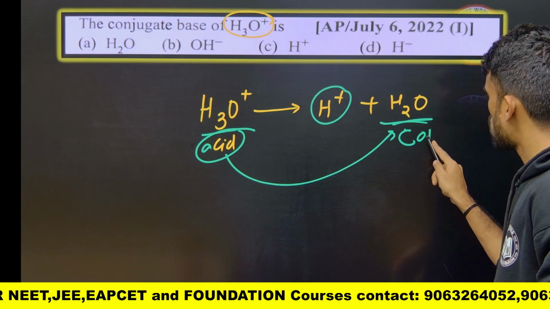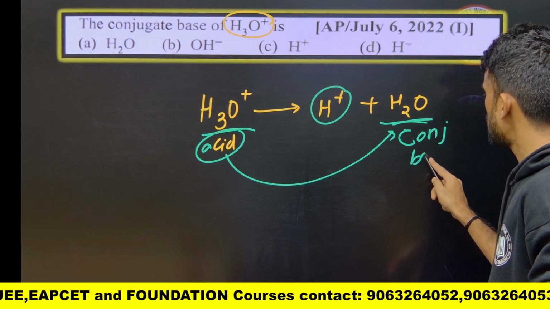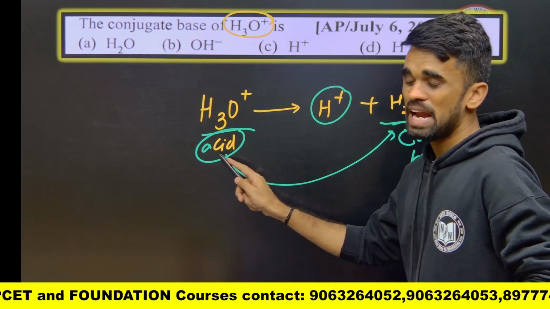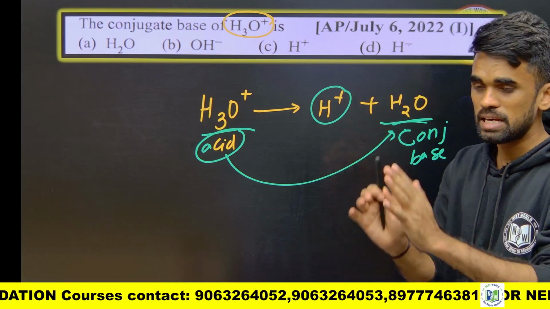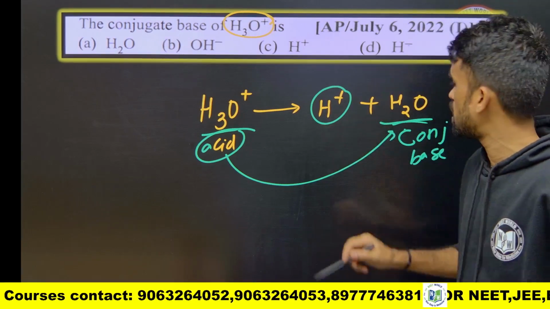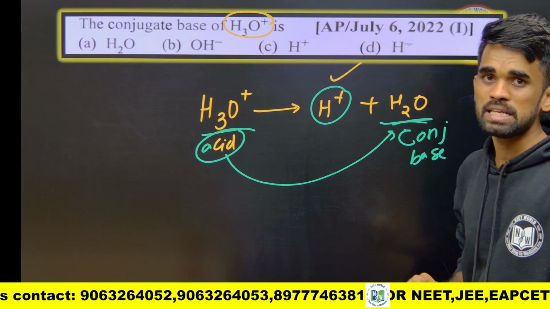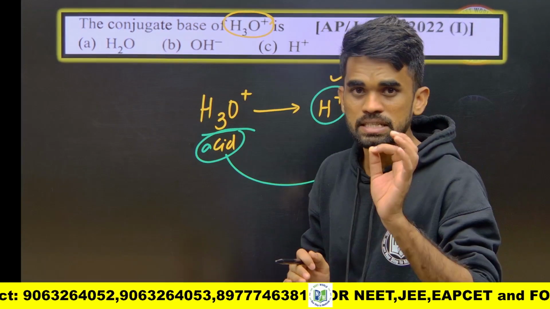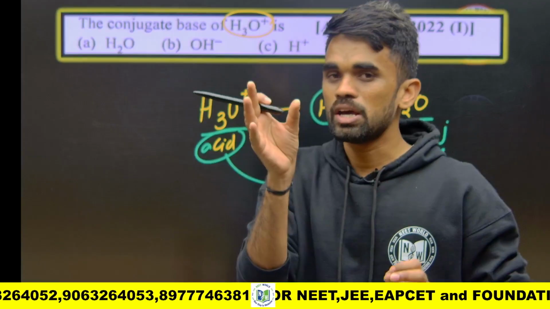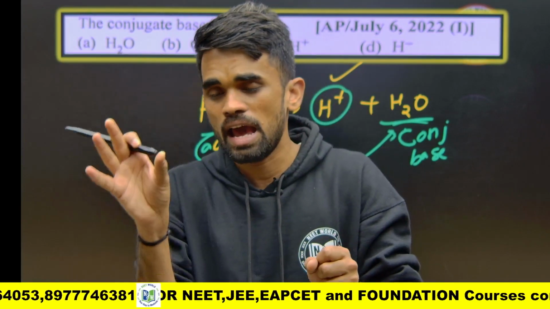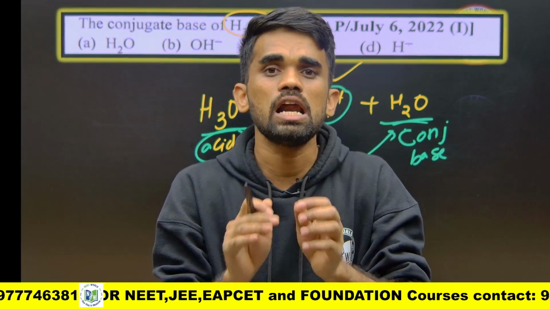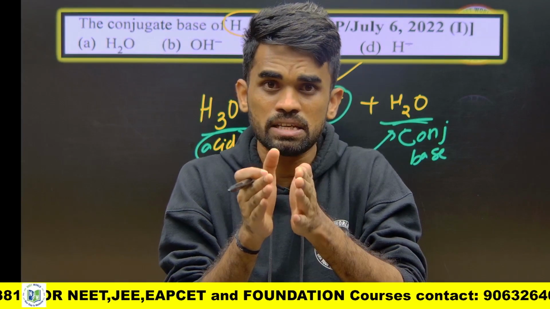Which base? Conjugate base. Okay, always remember, an acid and its conjugate base, this pair will differ by one H plus ion. So always remember, this is a statement-based question also. A base and its conjugate acid, or an acid and its conjugate base, always differ by what?